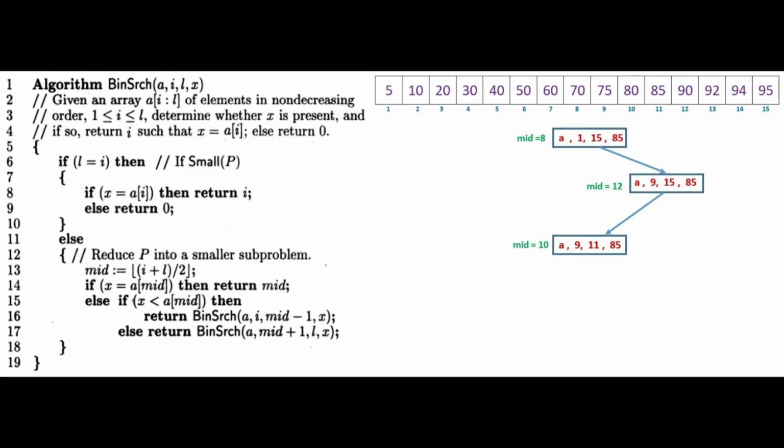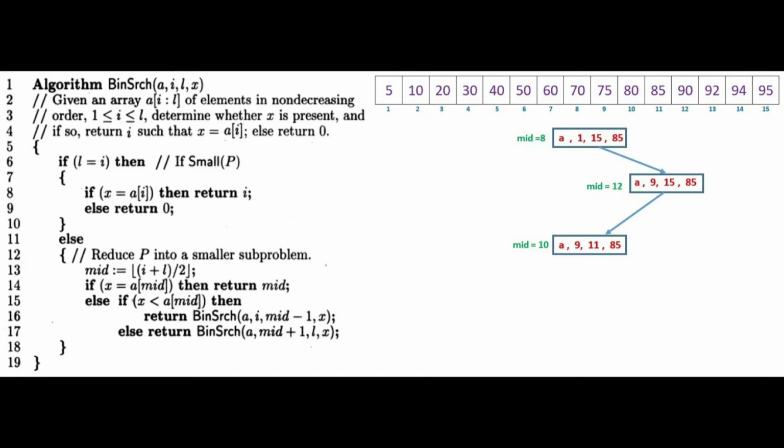Next we have to check three things: x equal to A of mid, otherwise if x less than A of mid, or if x greater than A of mid. The first statement: if x equal to A of mid, is 85 equal to A of 10? 85 is not equal to 80, so go to the else part.